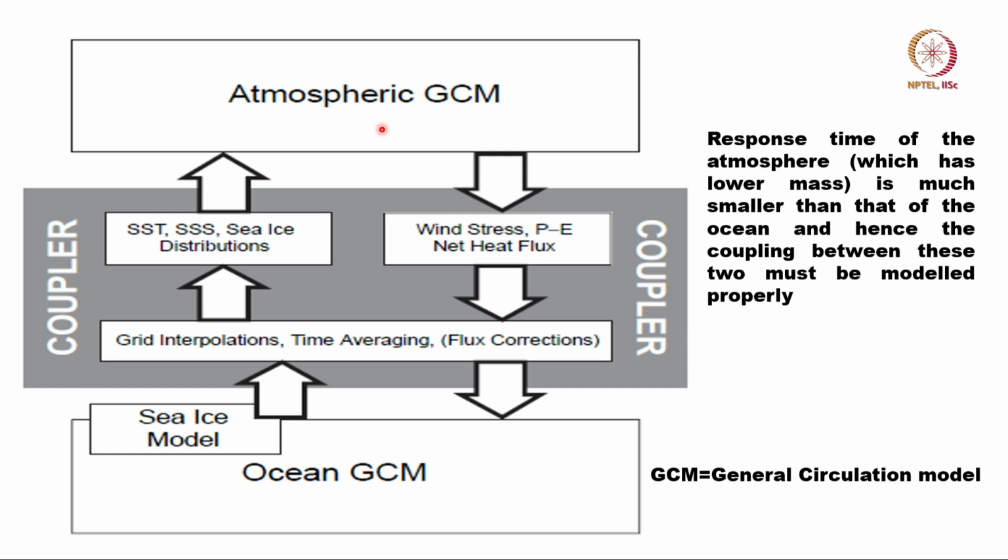This is a big challenge because the response time of the atmosphere is much smaller. Atmospheric mass is very low. The ocean is very massive. It is much more massive than the atmosphere because water has a density 1,000 times larger than air, and the ocean covers most of the earth.